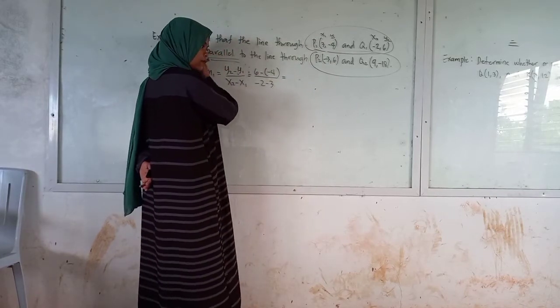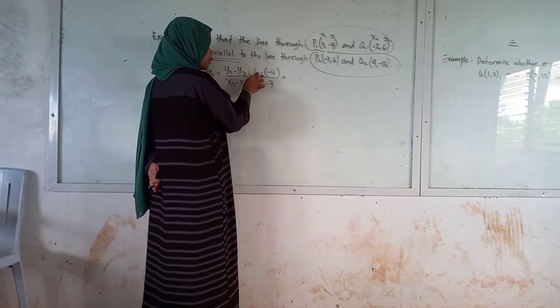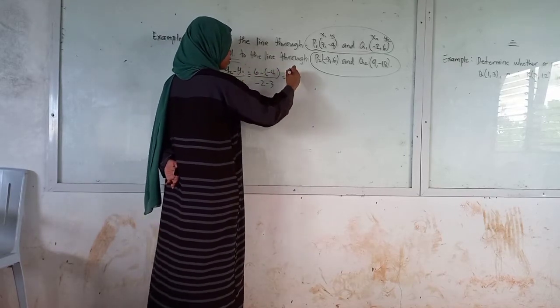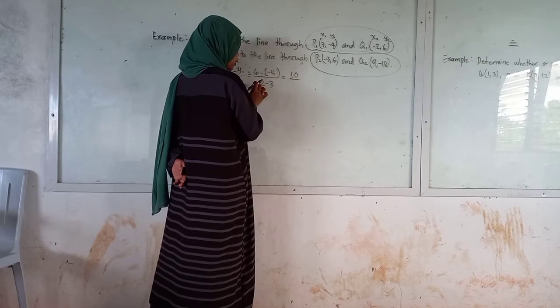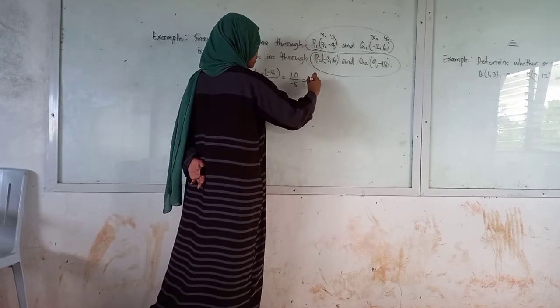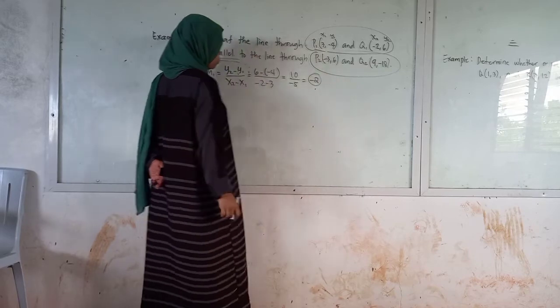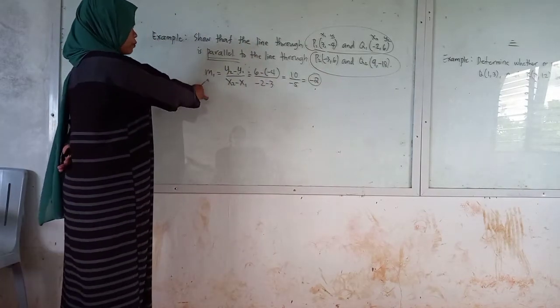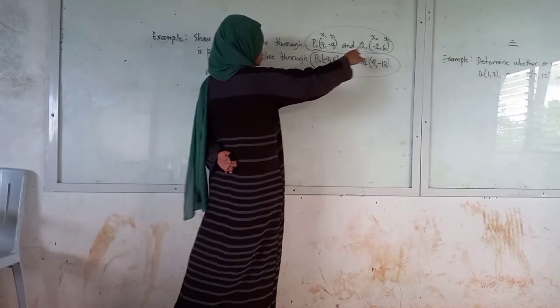Negative times negative is positive, so that gives us 6 plus 4, that is 10, over -2 minus 3, that is -5, which is equal to -2. That is the slope of the line joining these points.